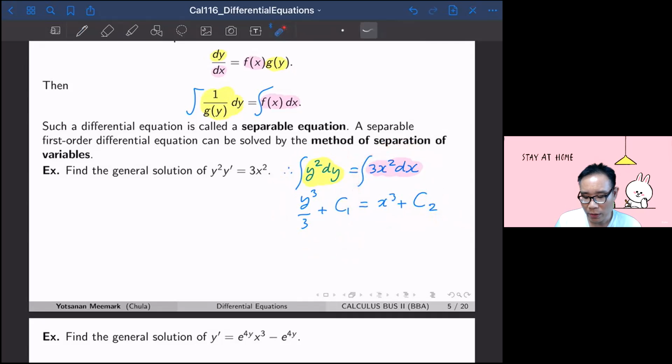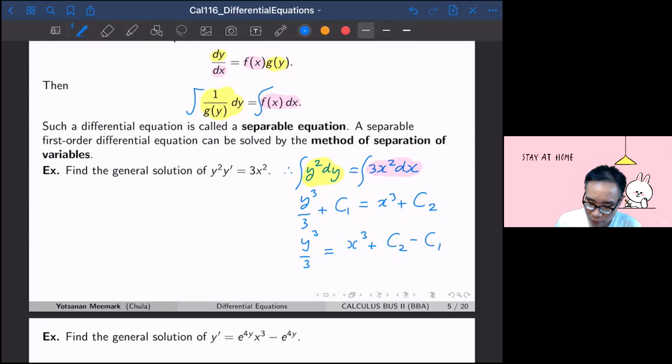So you will not be able to cancel them out. The best thing you can do is combine the terms. So you get y cubed over 3 equal to x to the third plus C2 minus C1.